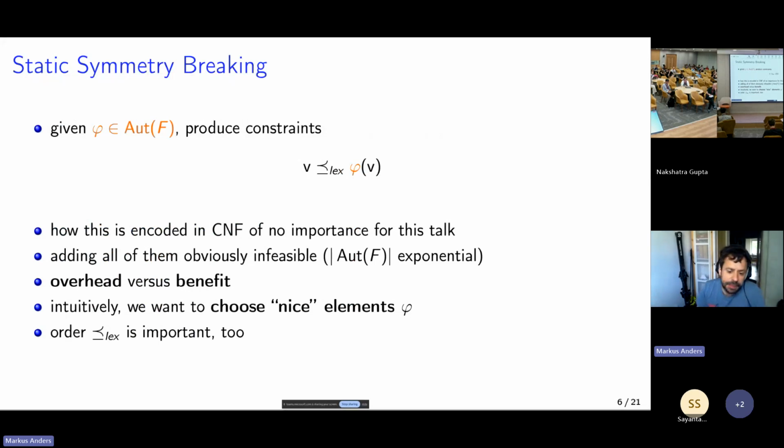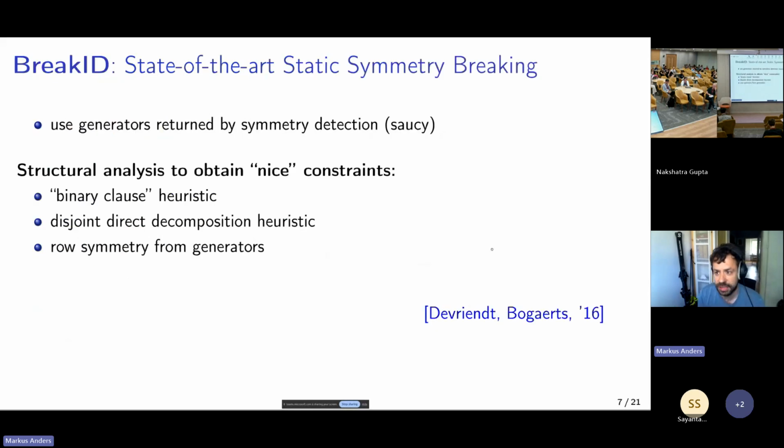All right, now a natural question would be, how does the state-of-the-art tool do it? So which nice subset of elements does the state-of-the-art symmetry breaking tool choose? So the state-of-the-art static symmetry breaking tool is BreakID. And now I've listed here some of the heuristics that it uses. I don't expect you to understand all of them. This is more meant as an overview. So first of all, it just uses the generators returned by the symmetry detection tool.